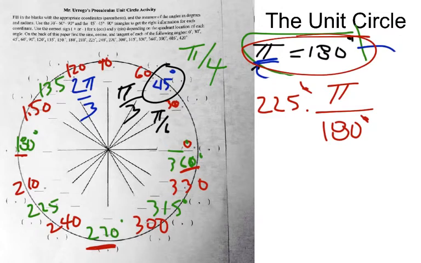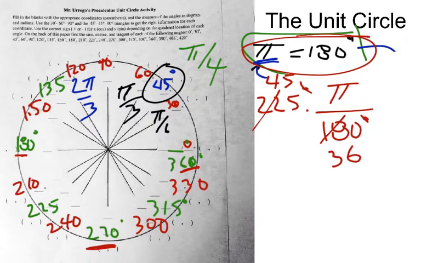Reduce by 5s, by whatever you can. In this case I can reduce by 5s. 225 divided by 5 is 45, and 180 divided by 5 is 36.